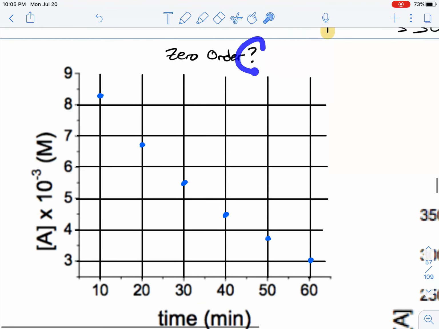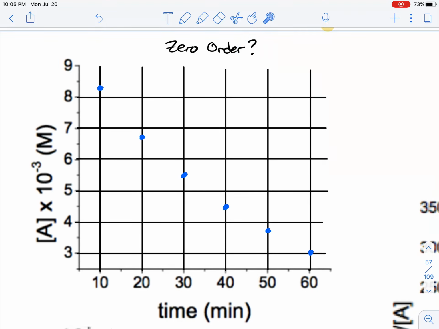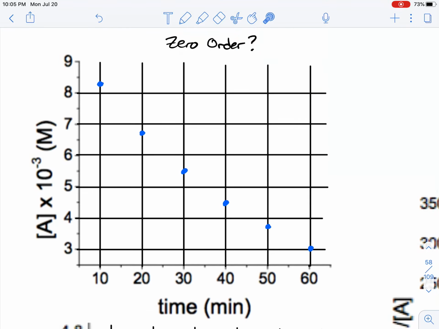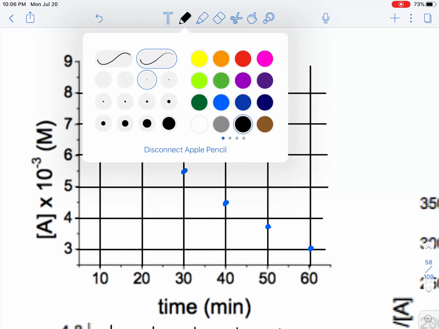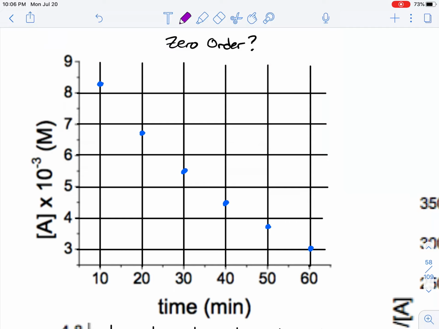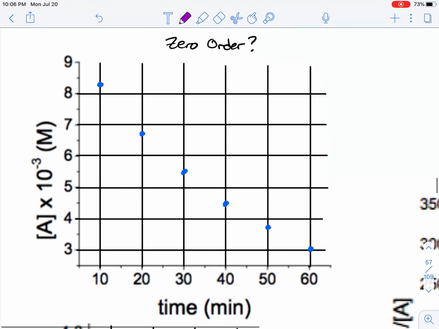And I'm putting a question mark to reflect whether or not it is 0 order or not. Anyways, if you plot those points, it kind of looks like a straight line, right? But to really confirm whether or not it's a straight line or it curves, what you want to do is connect the first and the last point.